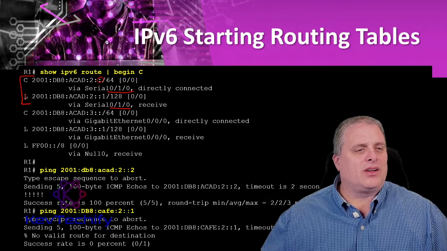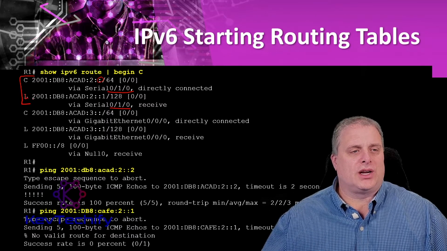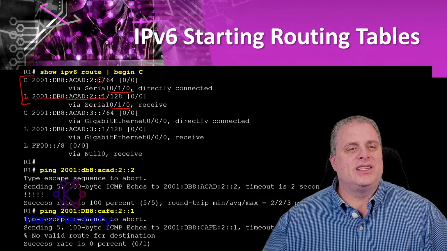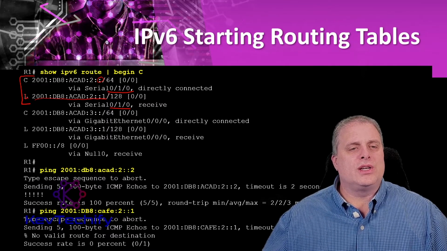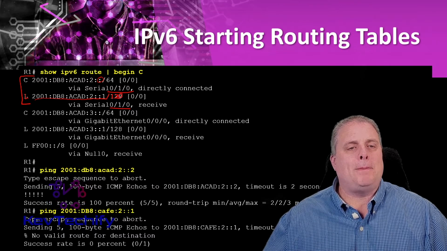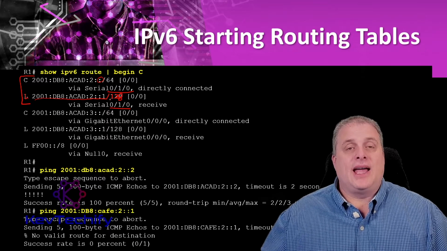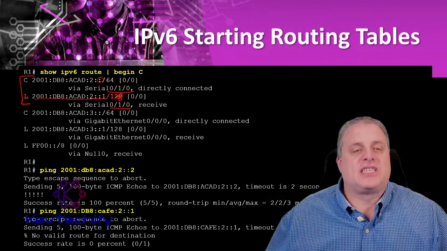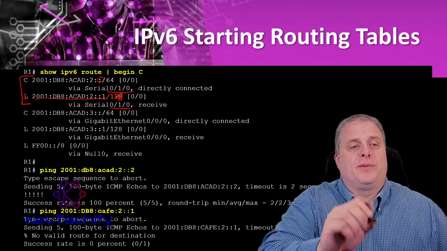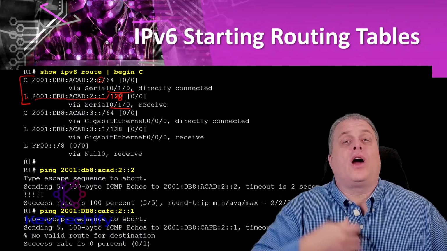Then we have the L for that local address, and this is a complete IP version 6 address. It does not end in zeros. Also notice it's a /128, so it matches all 128 bits of that address. That is the IP address of that serial 0/1/0 interface. If we get information for that address, we know it's for us.